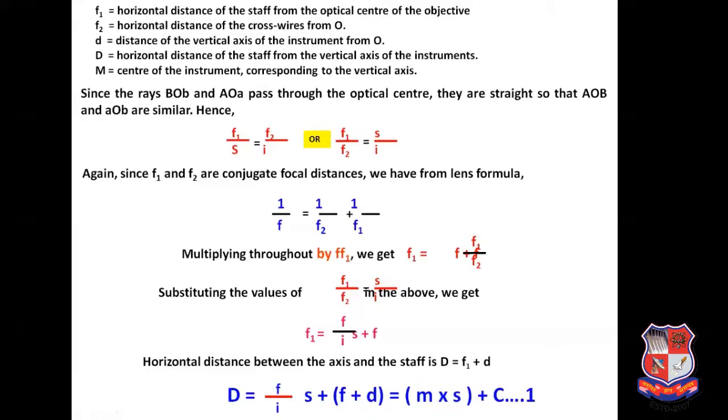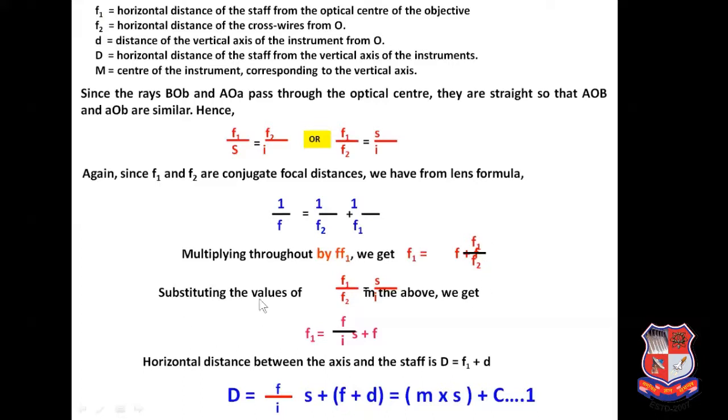Again, since F1 and F2 are the conjugate focal distances, we have the formula for the lens, that is 1 upon f is equal to 1 upon F2 plus 1 upon F1. Now multiplying this lens equation by F1, you will get F1 is equal to f plus F1 upon F2.